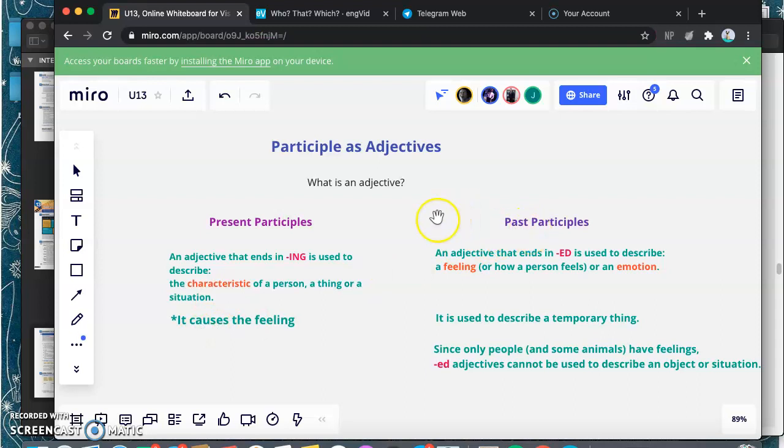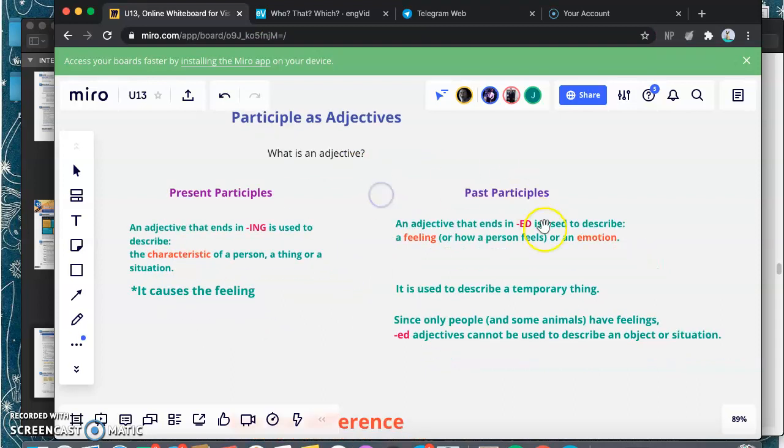Then we have the past participle, which are the ones that end in ed, and they are used to describe a feeling, which is how a person feels, or an emotion. So these basically are used to describe temporary things because they are just feelings or emotions.